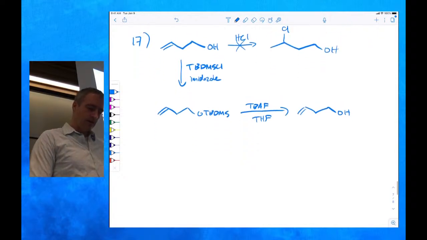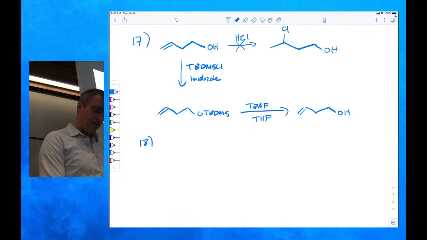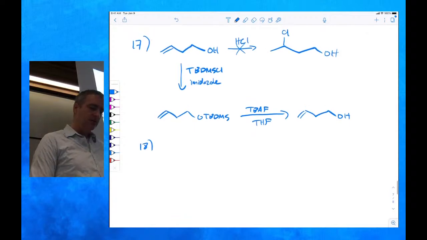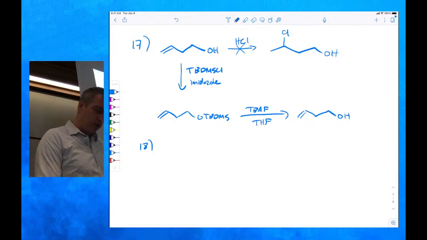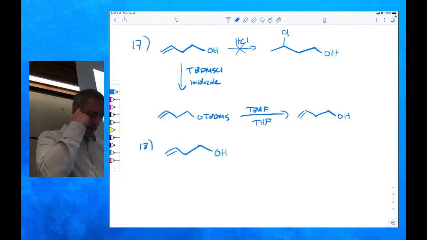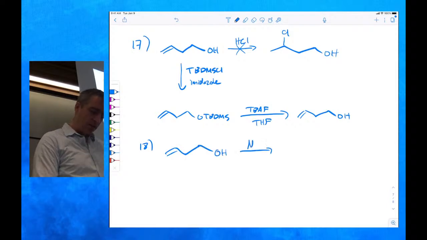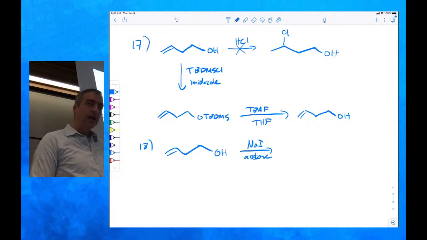All right. The last piece in Unit 10 was mesylates, triflates, and tosylates, turning alcohols into good leaving groups. We said if you tried to react this with sodium iodide in acetone, you get no reaction because you don't have a leaving group.